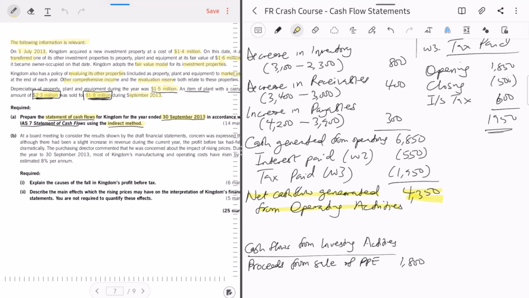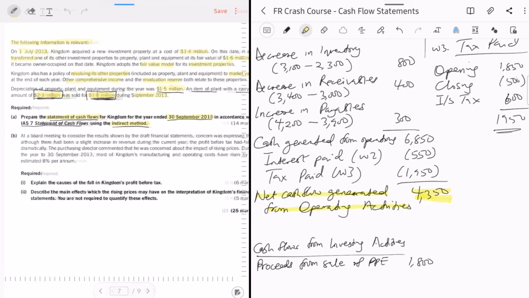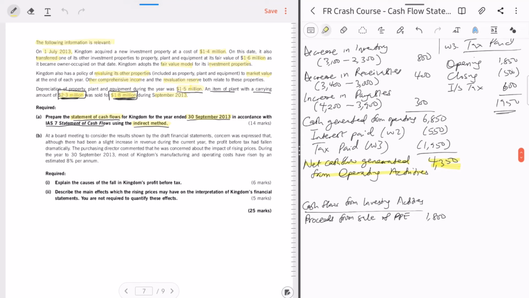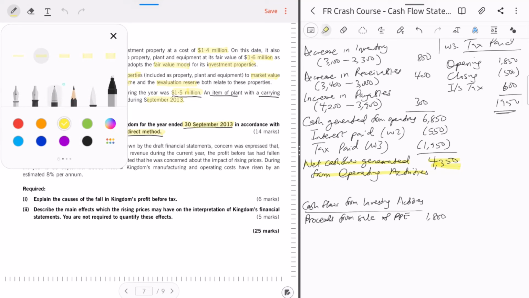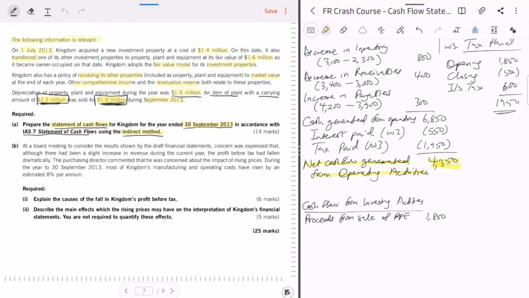Okay, so let's go back to the notes, first paragraph. They said on 1st July 2013, I should have even picked this one up long ago, but it's fine, right? Better late than never. They acquired a new investment property at a cost of 1.4 million. Do you agree with me that once they are acquiring a property and it's a non-current asset, it's investing activities?